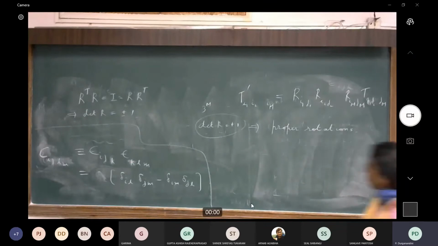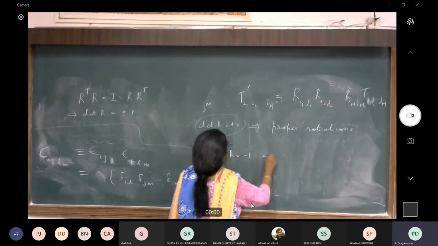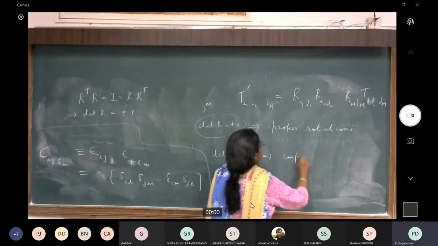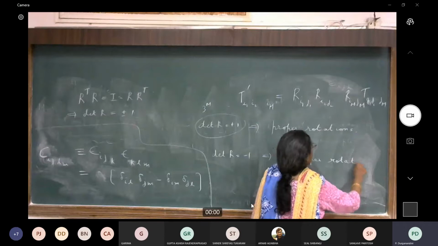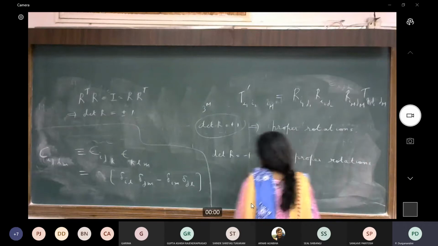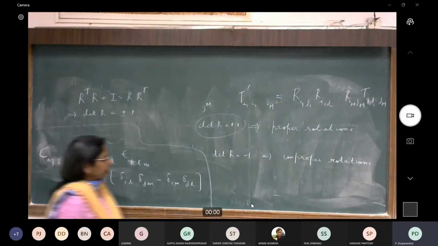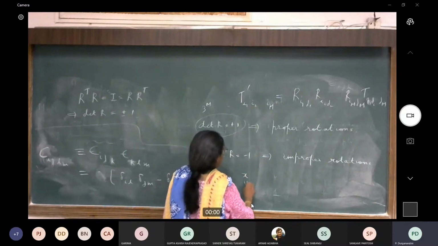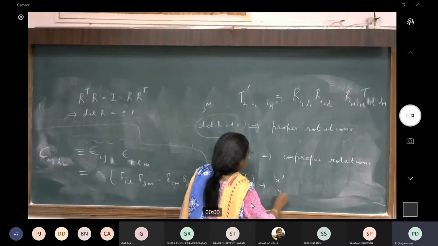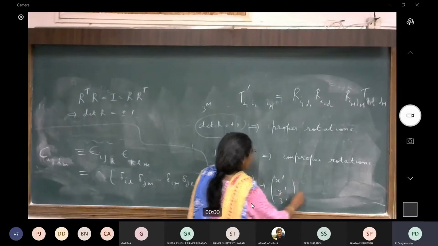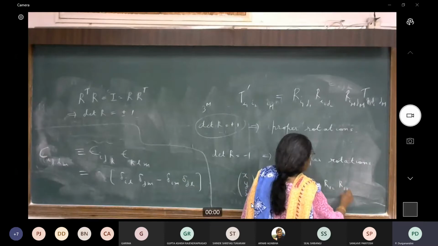Now the ones which have determinant of R equal to minus 1 are known as improper rotations. Note that if you think about it from our axis point of view, the rotation transformation is something which is taking you from x, y, z to x prime. So if I think in terms of coordinates, x prime, y prime, z prime equal to R11, R12, R13.